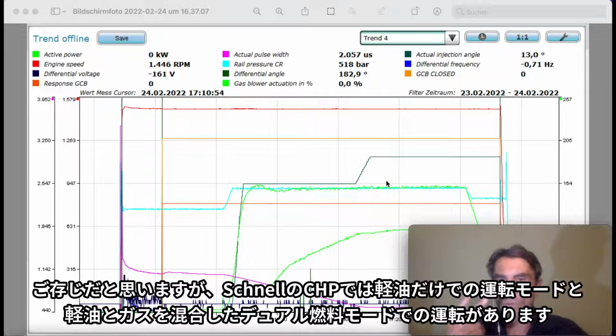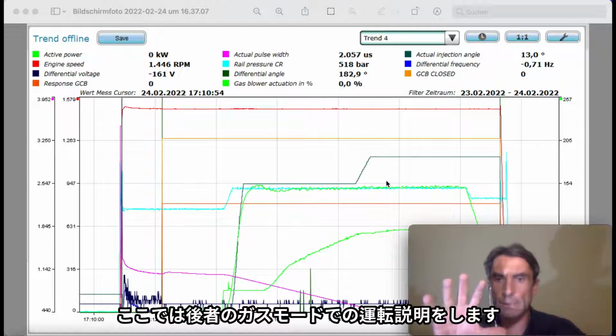So remember, we have two kinds of modes. We have the diesel mode, pure diesel mode, and we have the gas mode with pilot fuel. Okay, this one, what I show here, is from the gas mode.